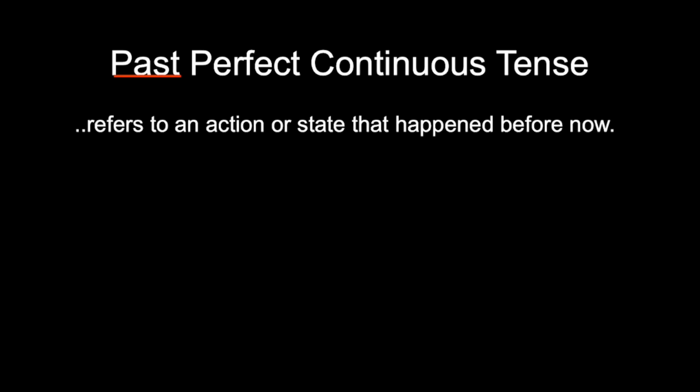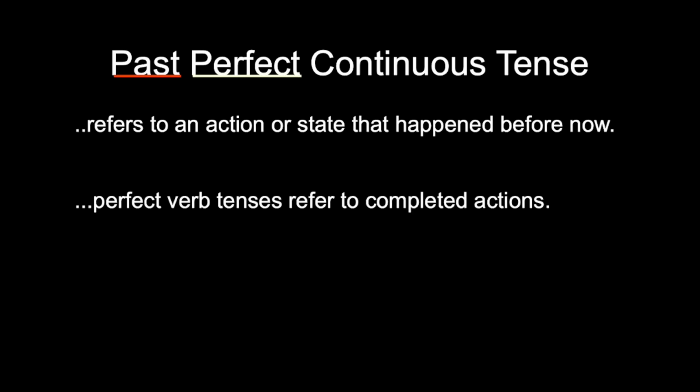Now let's take a look at the past perfect continuous tense. If we examine the name of this verb tense, we can see that it's telling us how to use it. This verb tense refers to an action or state that happened before now. Generally speaking, perfect verb tenses refer to completed actions.